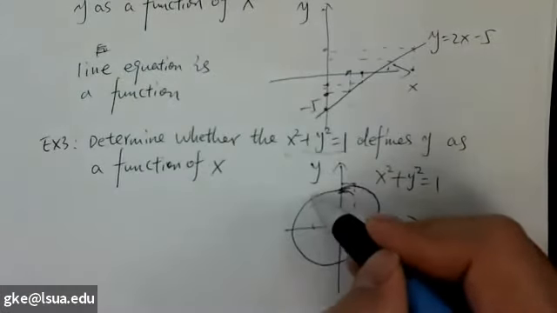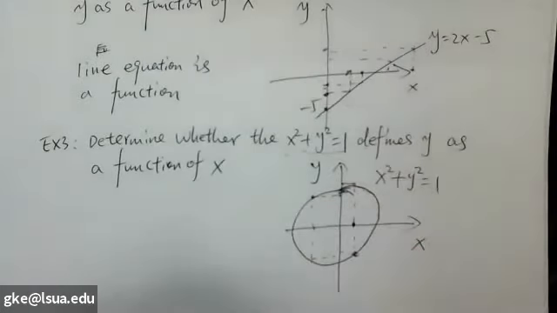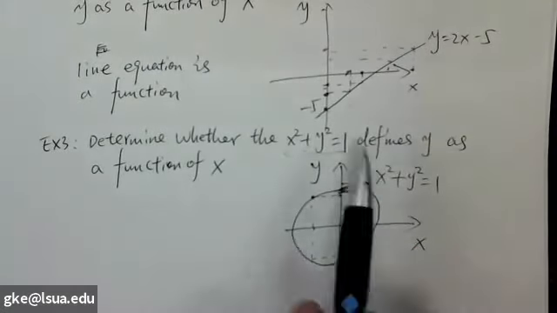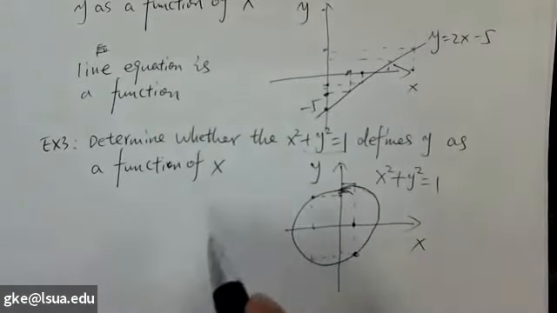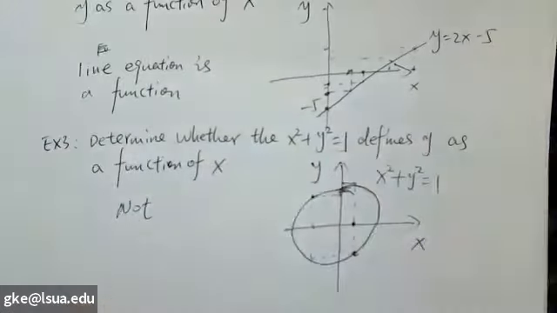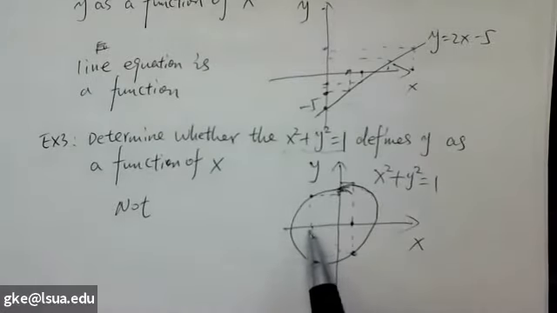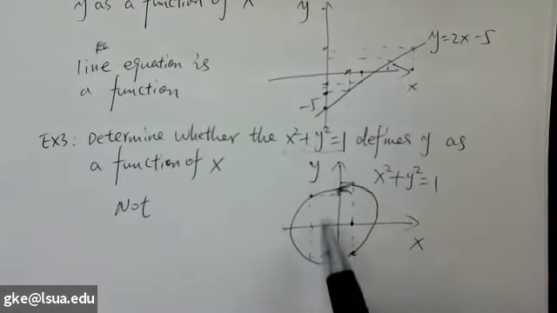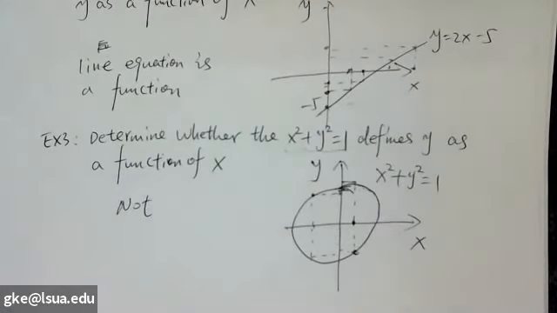You pick one x here, you can always find two y values. So that means that's not a function. A function means one x always has one element in y. However, one x here has two elements in y. That's not a function.